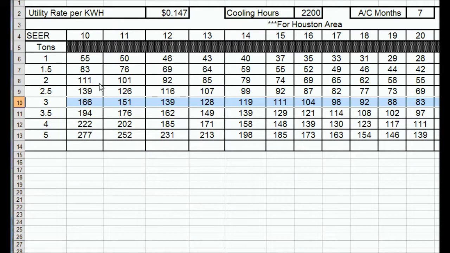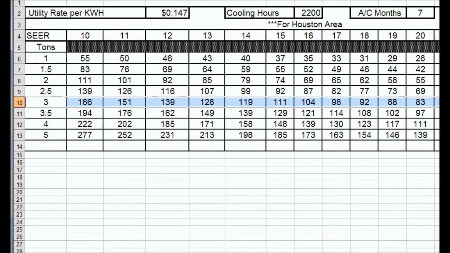I have a 3-ton unit. Now, if I was at the same SEER rating based at this rate for 2012, based on a 21 SEER rating, I should have paid $79 according to the chart. Now, the equipment SEER rating that I have is 18 SEER.